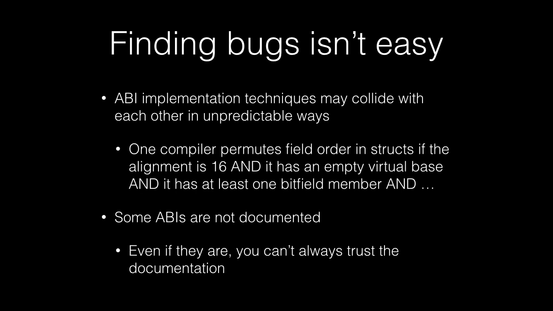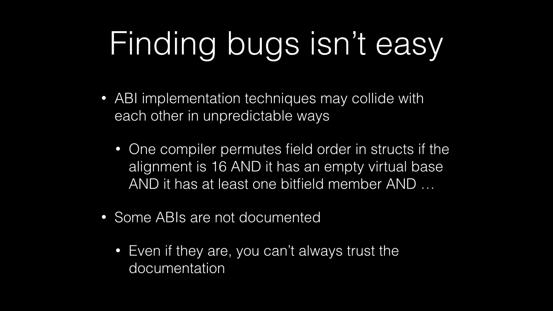Like one compiler permutes the field order if the struct's alignment is 16 and it has an empty virtual base, and there's at least one bit field at the end, and it's Thursday. It can get arbitrarily complicated in some cases. Fortunately, we don't have to be compatible with that particular bug, but it can get pretty bad.